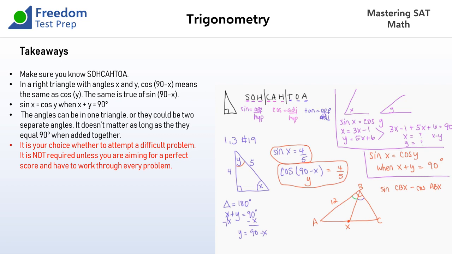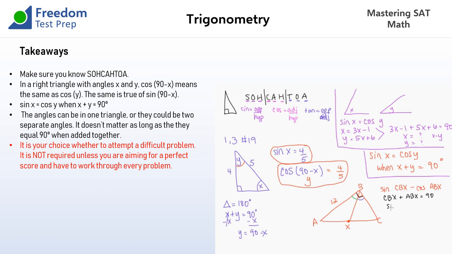Well, we know that CBX plus ABX equals 90 degrees, because this is our 90-degree angle. And those are the two angles that make up that entire angle.